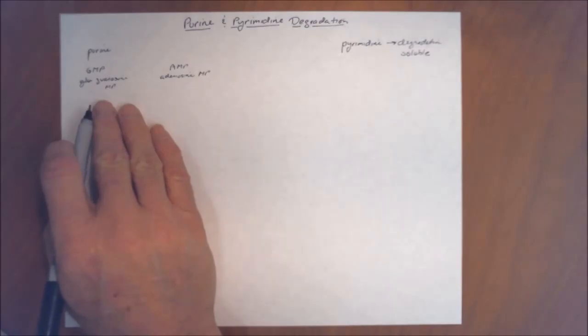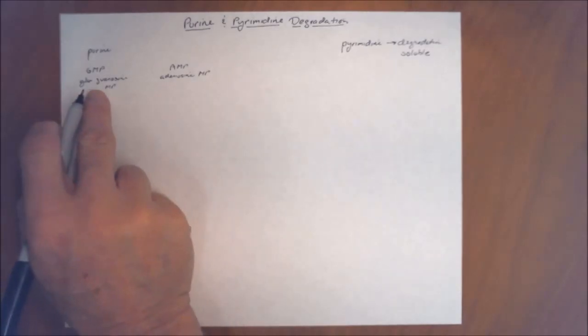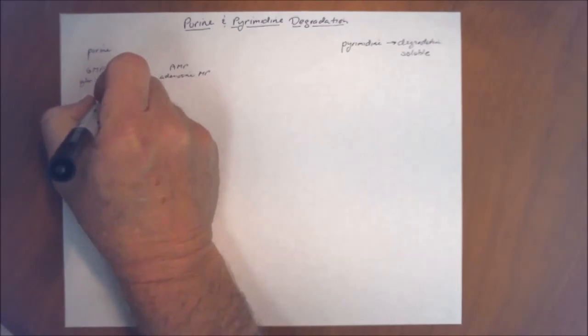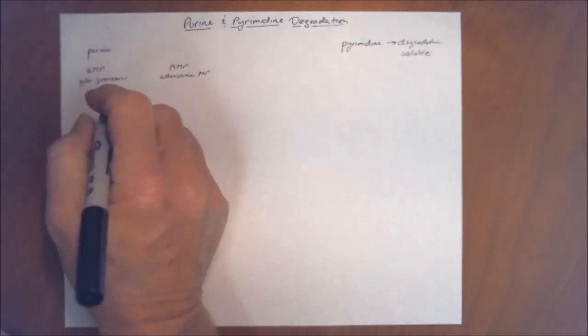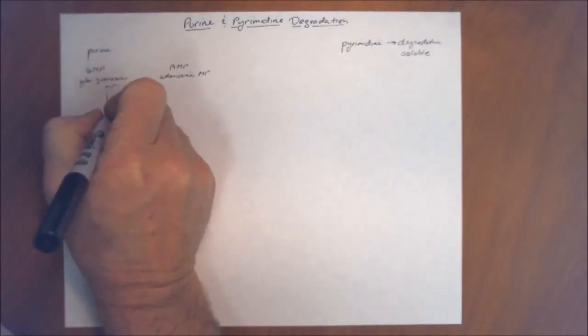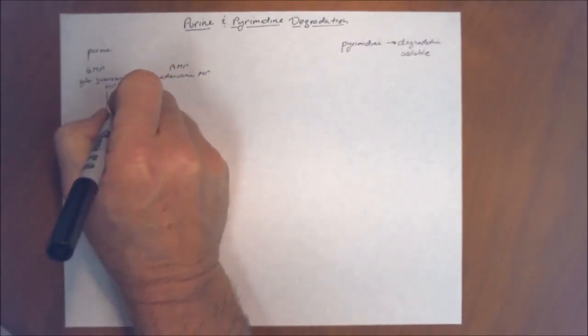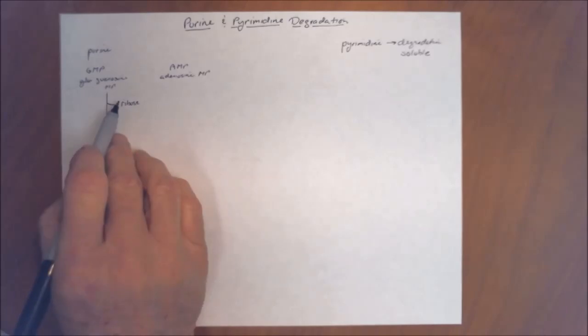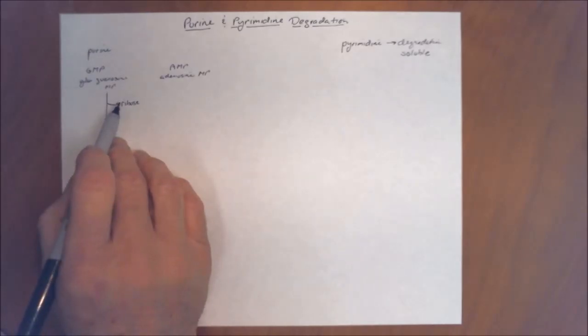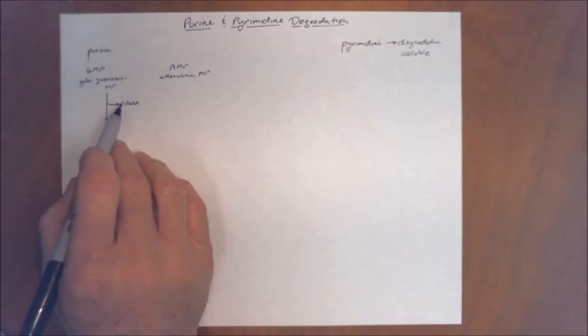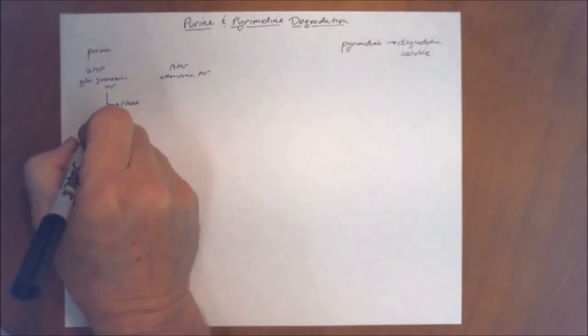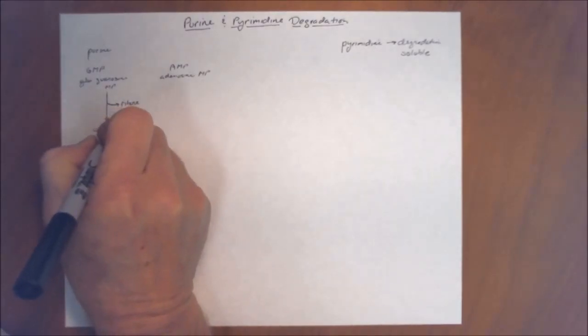The first step for GMP is very straightforward. In this reaction, we are going to release the ribose. So we are essentially cleaving the base off of the ribose sugar of this nucleoside. And the end product is the base alone, guanine.